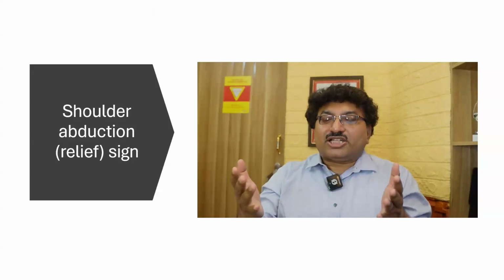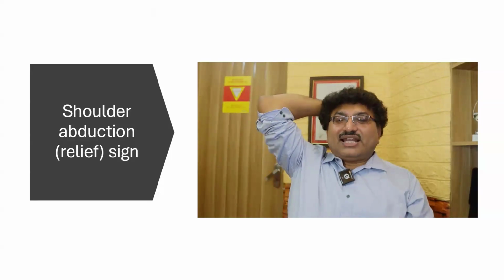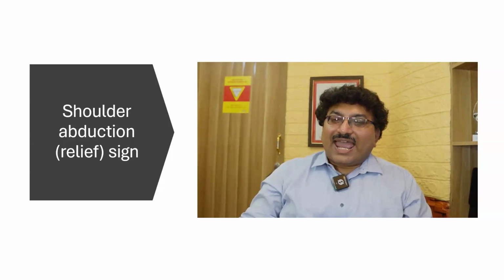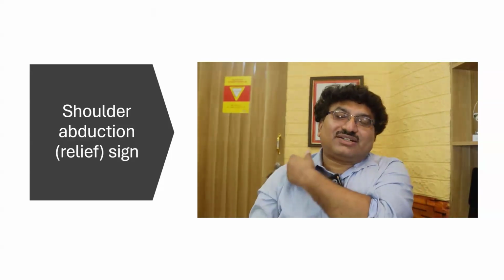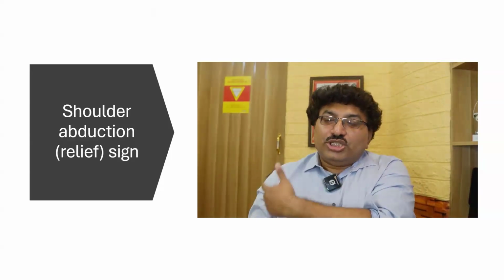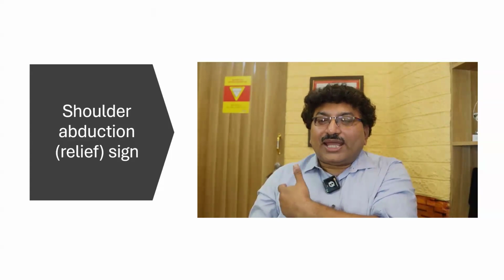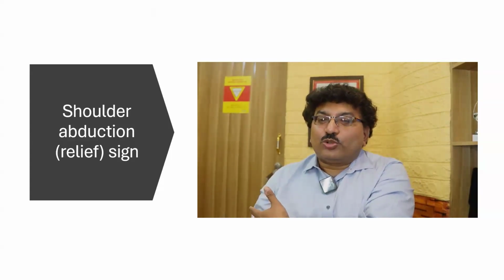In the shoulder abduction test, it has been found that when the shoulder is hanging by the side, there is usually more stretching over the cervical nerves. So a patient with acute radiculopathy usually says, in this posture I'm having more pain.